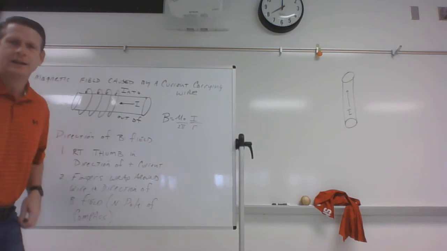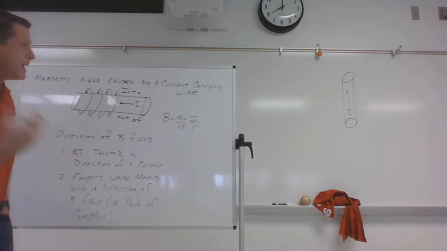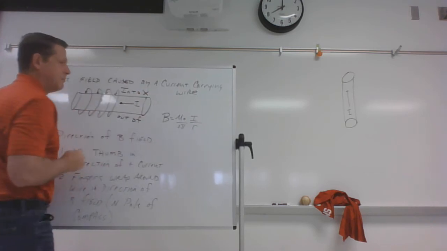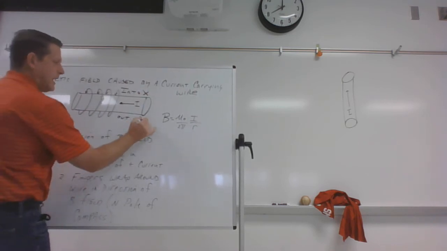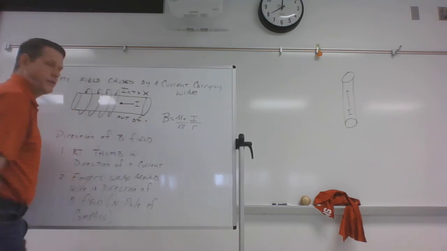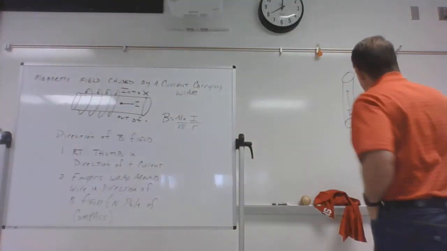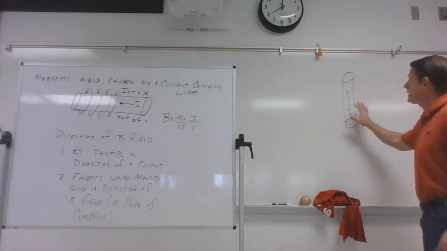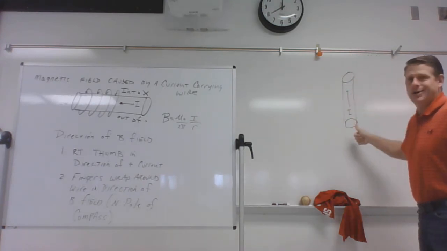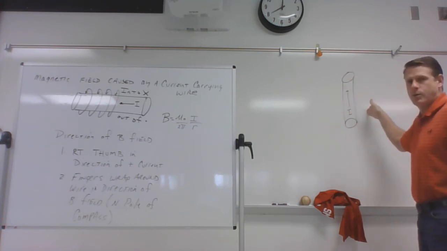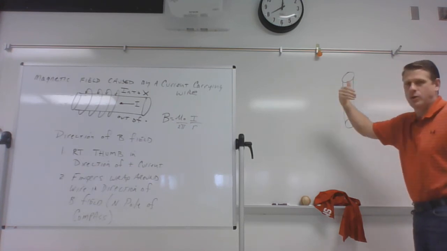Now even that gets kind of tedious. So we have symbols. Into the board is symbolized by an X, and out of the board is symbolized by a dot. So if we come over here and we say, okay, here's this current carrying wire, the current is going up, which means I have to wrap the fingers of my right hand around the wire.